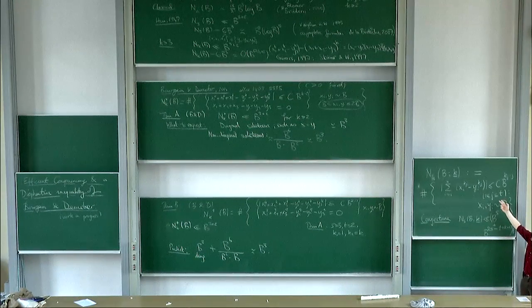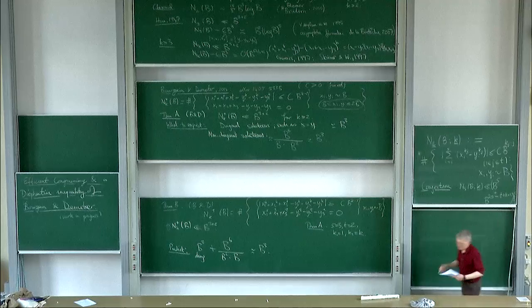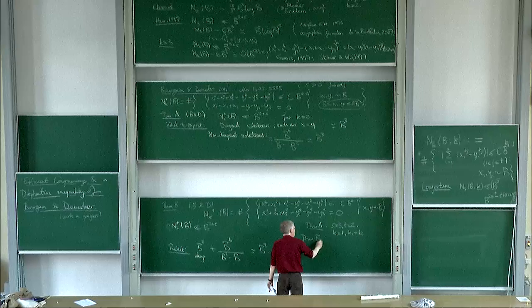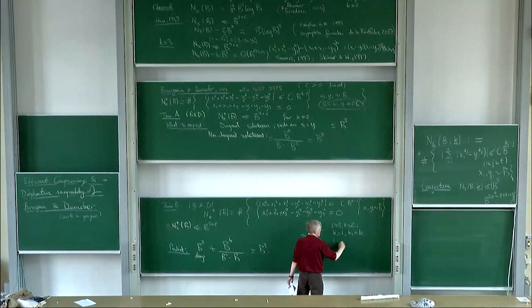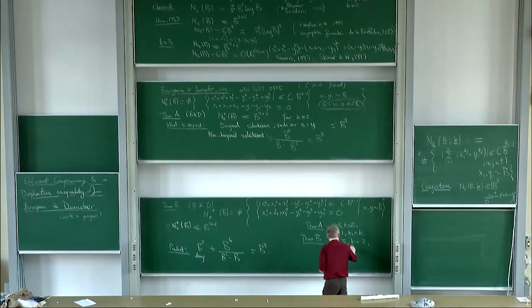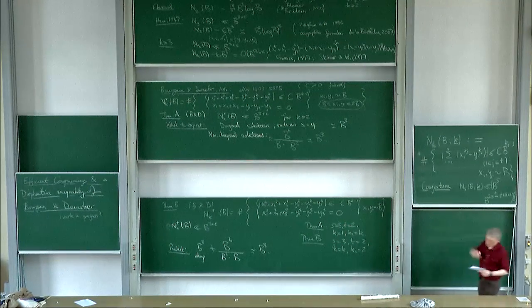Well, if I'm counting solutions where the absolute value of the difference is at most a constant, that's basically the same thing as counting what happens when you have 0 there. It's essentially the same problem, and you can easily recover the same estimate. Theorem B is the same story, so s equals 3, t equals 2, but now k_1 equals k and k_2 equals 2. Both of these theorems are covered by this kind of setup.